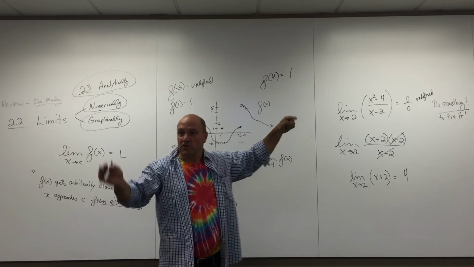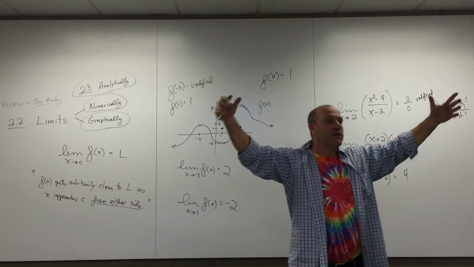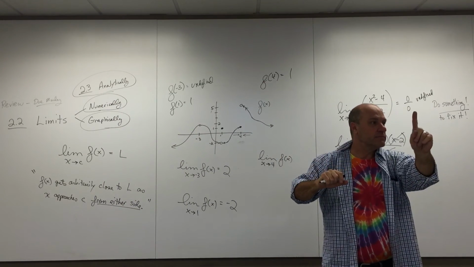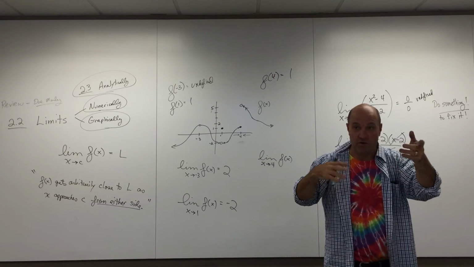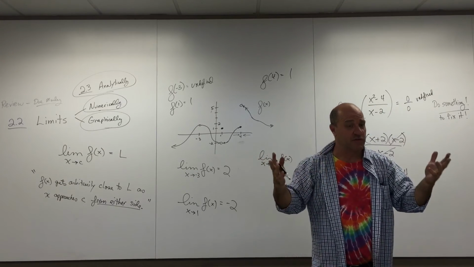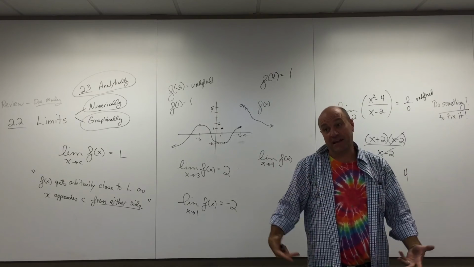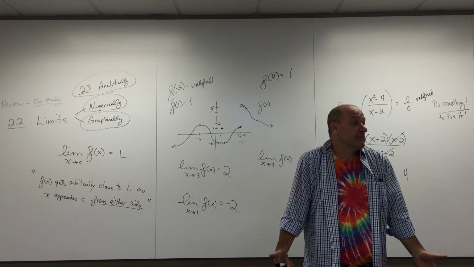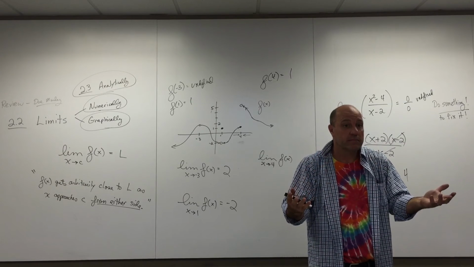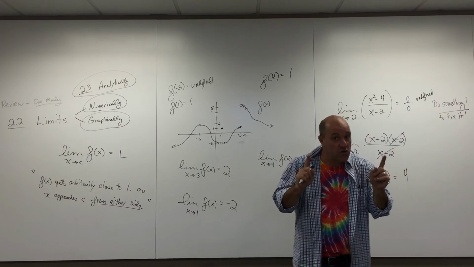Well, listen. Here's one main big thing about limits. You can only have one answer. So if you're trying to do a limit where you suspect there's two answers, or you're getting two answers, the answer is does not exist. The limit does not exist. You can't have two answers. And it is a two-sided limit.